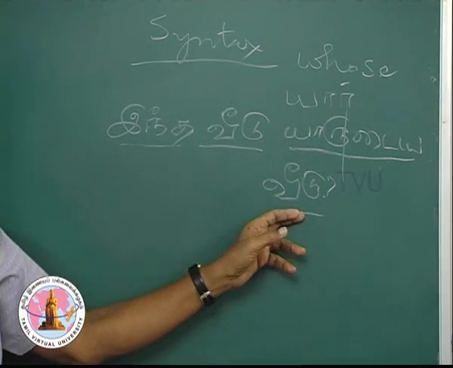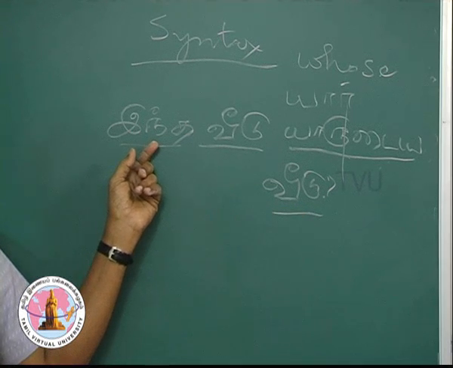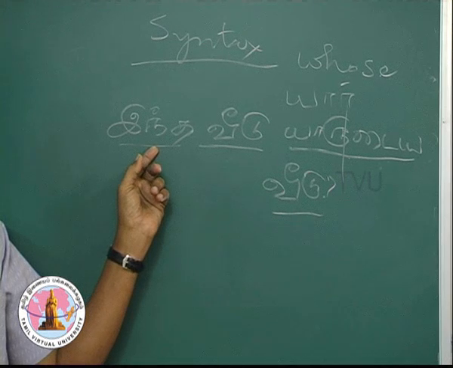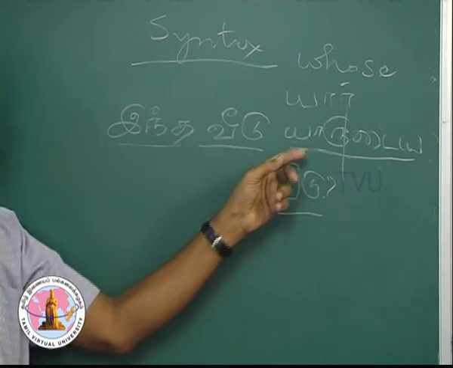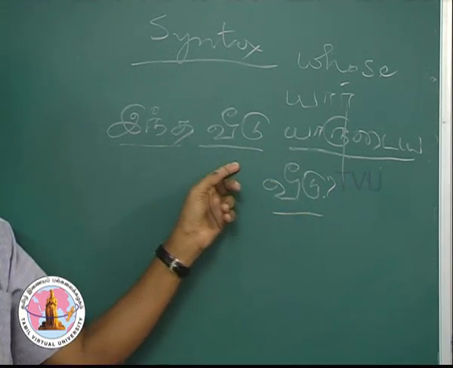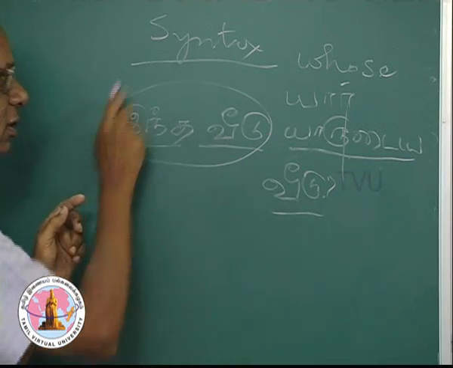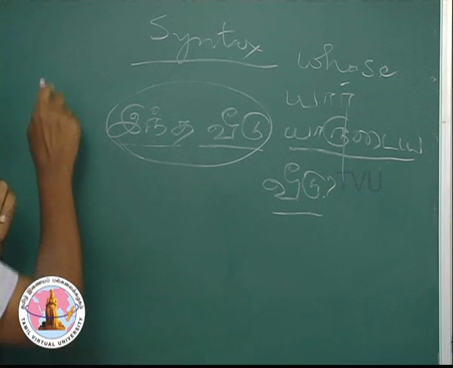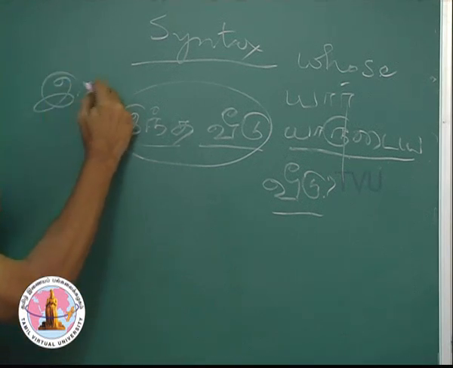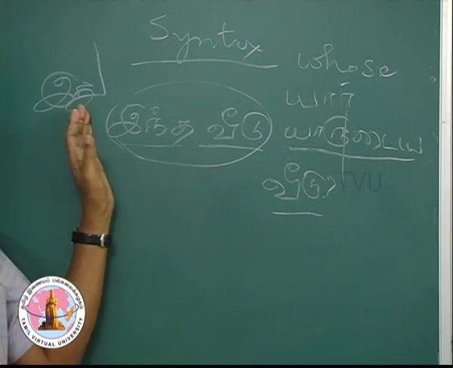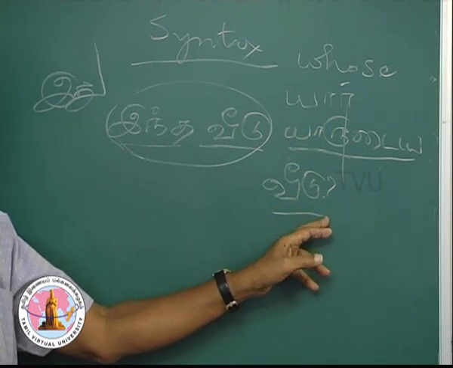Whose house is this? So, instead of repeating this house, I simply say இது யாருடைய வீடு?